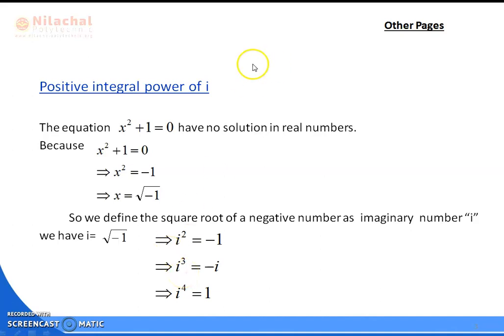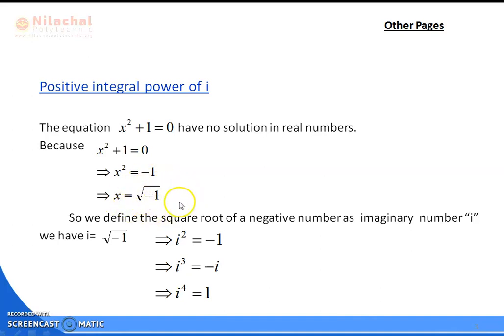Okay, so first of all we will study about i. We know there are some quadratic equations, and by solving a quadratic equation we can use our formula, that is Sridhar-Acharya formula. So here is an equation, you can see x square plus 1 equal to 0. If you solve this equation, x square plus 1 equal to 0, that implies x square equals minus 1, that implies x equals under root minus 1.